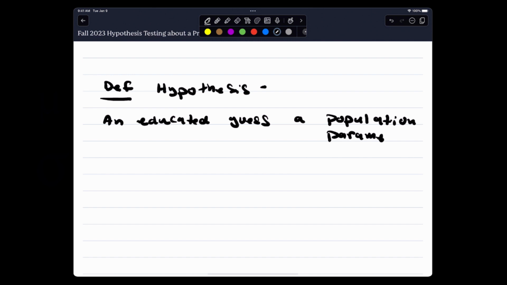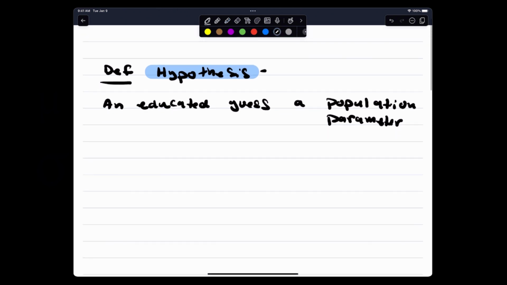So what is a population parameter, by the way? What are the parameters? P. What else? Mu.